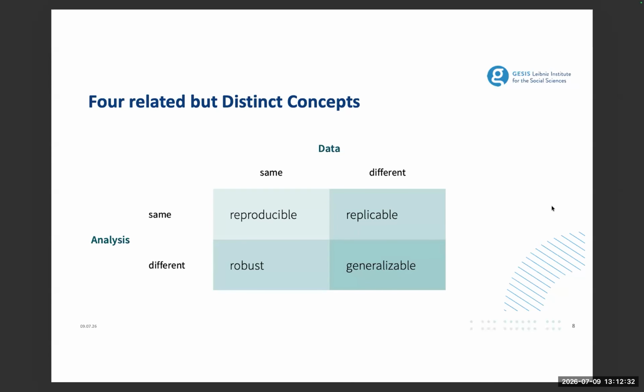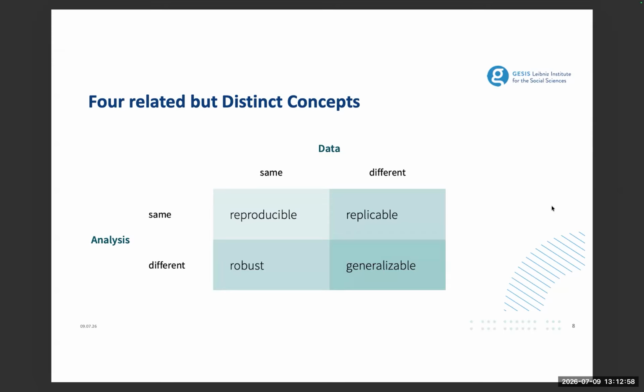And the main axes, or the main dimensions of relatedness, are using the same data and the same analysis, then you would be talking really about reproducibility, where we really hope to arrive at the same results. And for computational reproducibility, that would be the hope for numerically identical results, right?